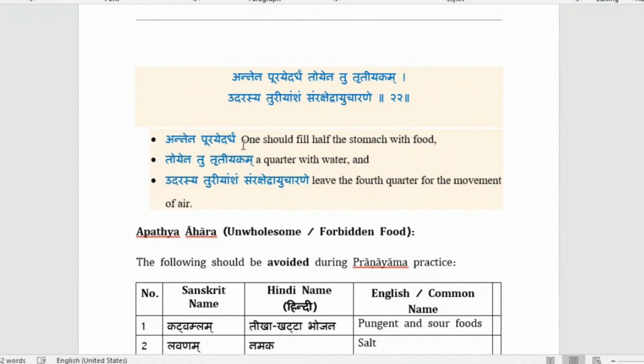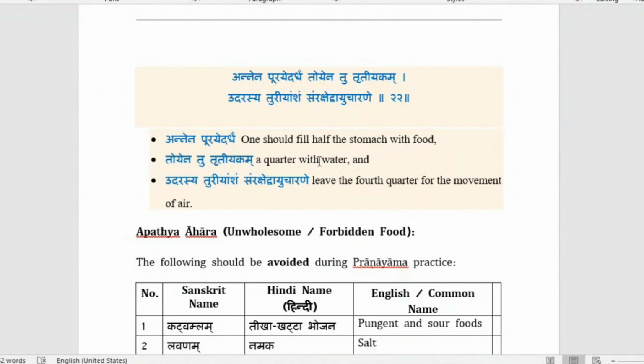Ardha means half. So one should fill half the stomach with food. Only half portion of your stomach should be filled with food. Toena cha trutiyakam. Toena. Toe means water. A quarter with water. So half should be filled with food. Then 1/4 of your stomach should be filled with water.